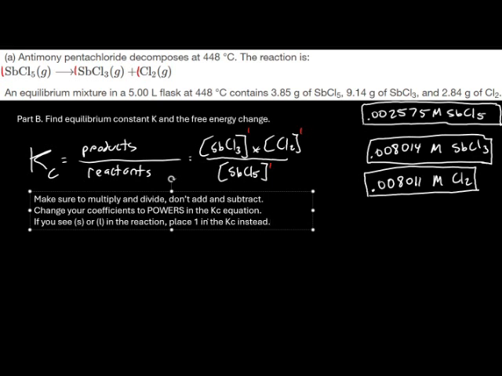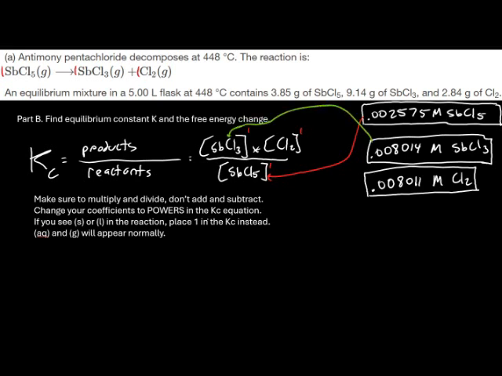However, any reagents that are aqueous or gas will appear normally. So now we know that SbCl5 goes on the bottom. We'll place that number in that position. We know SbCl3 goes to the top. Cl2 also goes to the top. And we'll place the numbers into the Kc equation.